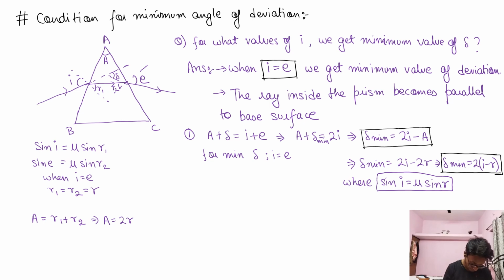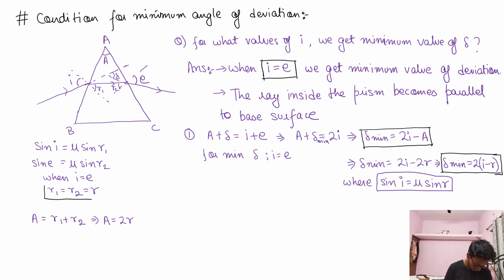But always remember three fundamental facts. For minimum angle of deviation, I is equal to E, D minimum is equal to 2 into I minus R, and R1 plus R2 is equal to A, where A is equal to 2R.